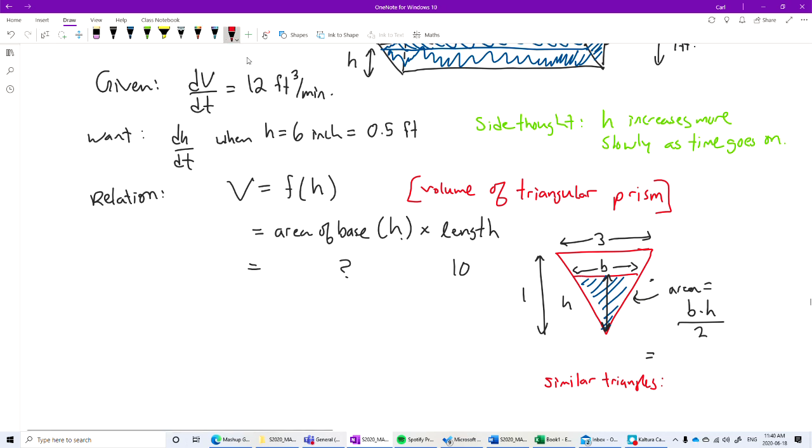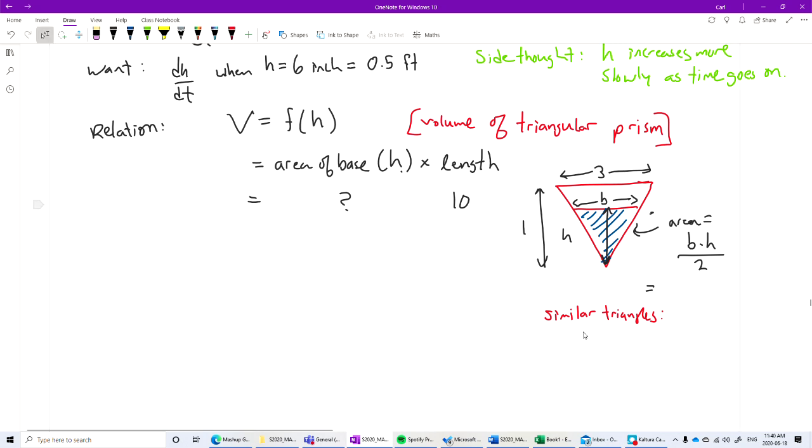The similar triangles tell us that the small base to the big base is the same as the small height to the big height. So that means that the base is 3 times the height in general. Okay, so I can go back up here.